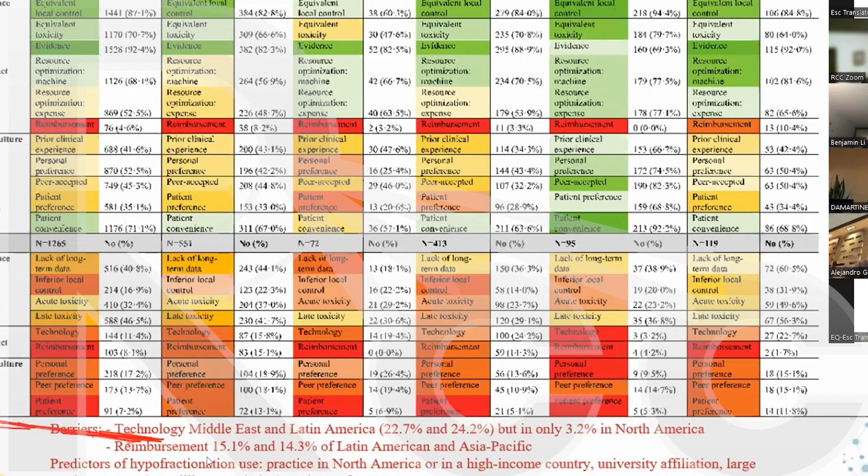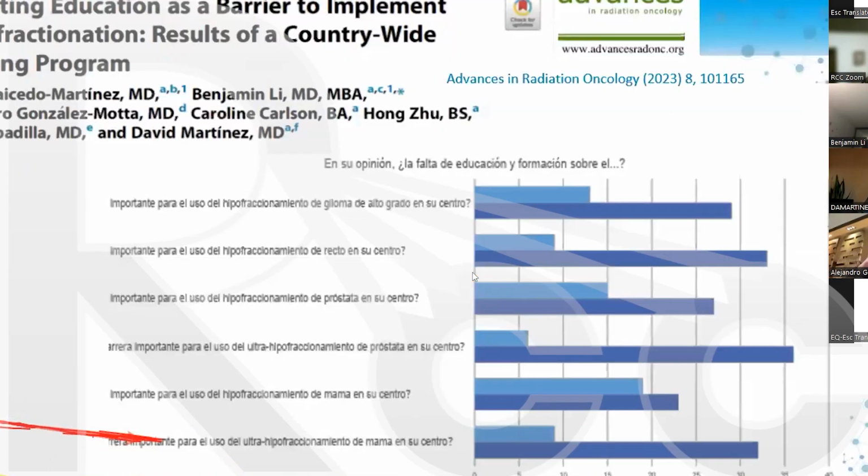When we talk about regions, both in Asia Pacific, Latin America, and low income countries, we see that this is a barrier for patients to implement hypofractionation in the different indications.